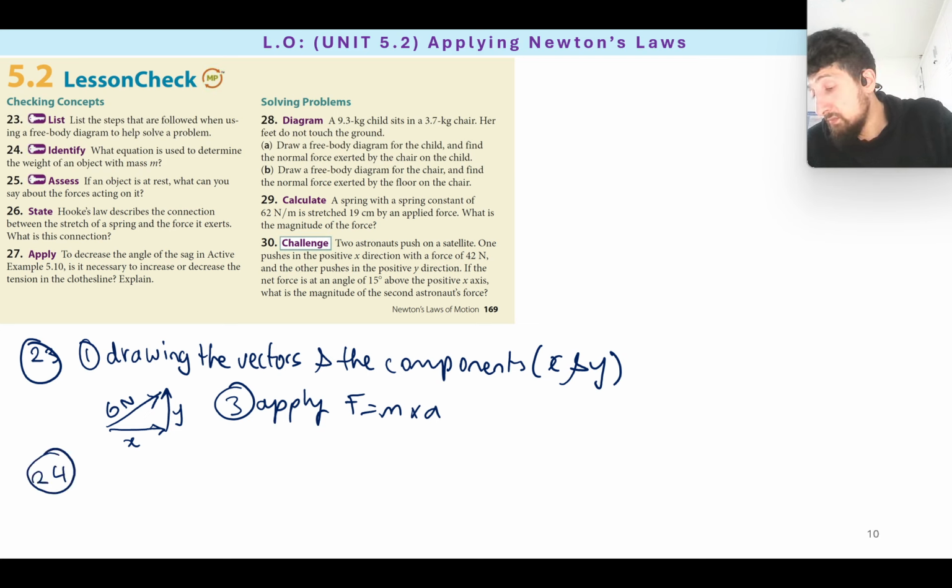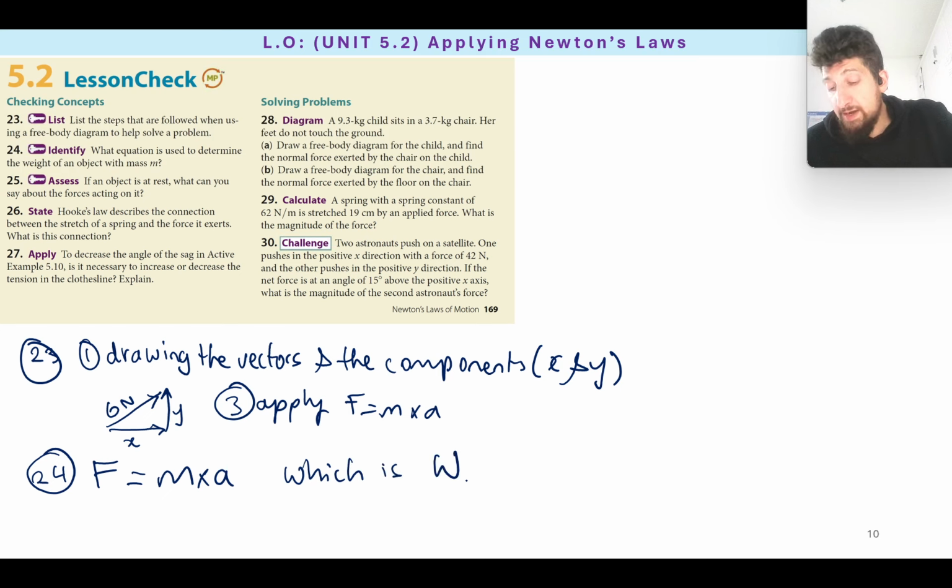24. What equation is used to determine the weight of an object with mass m? I love these easy ones. F equals mass times acceleration, which is the same as weight equals mg. I think that's what they're looking for. 25.